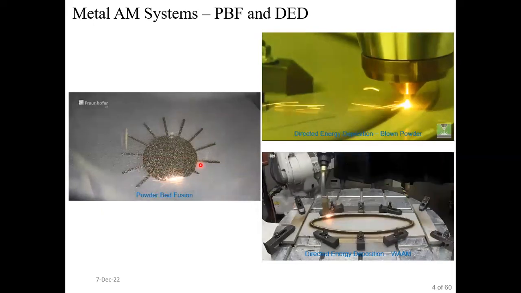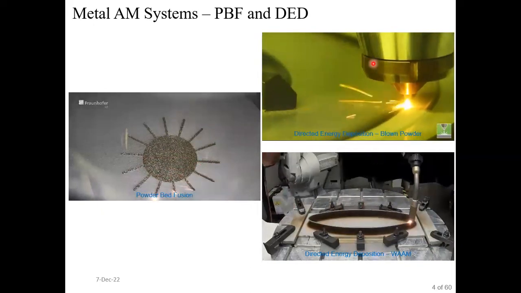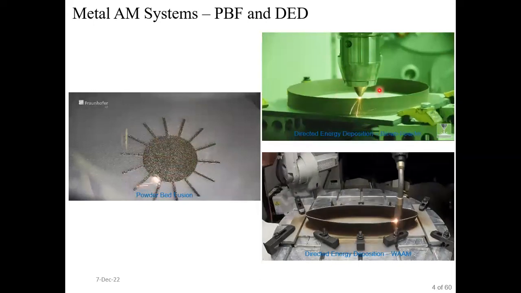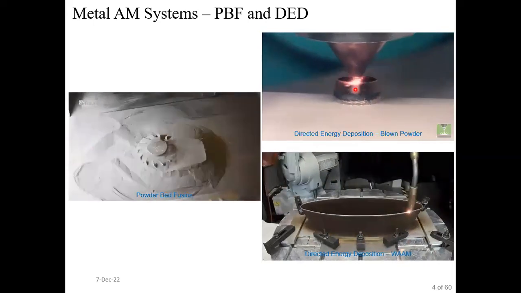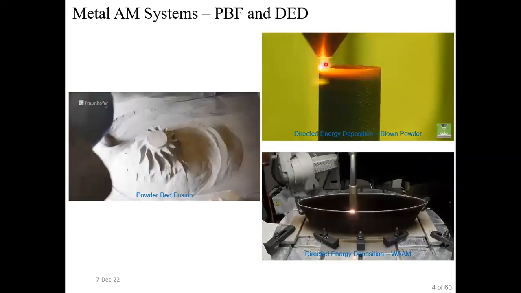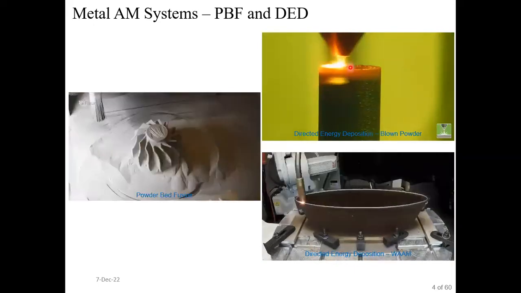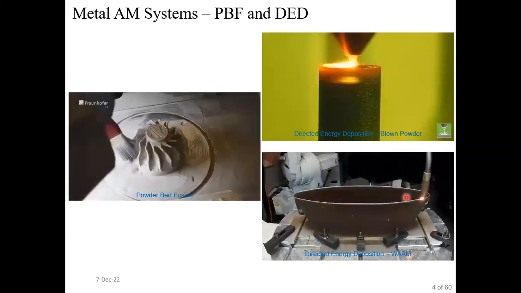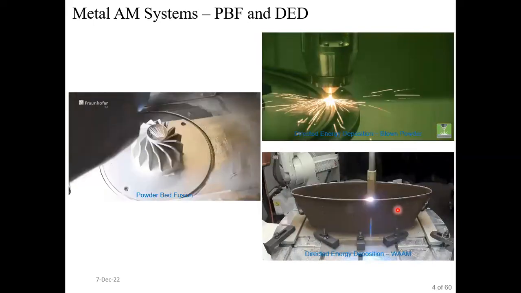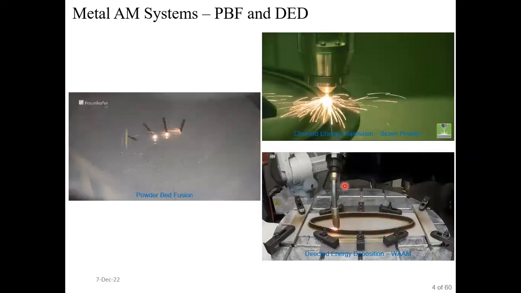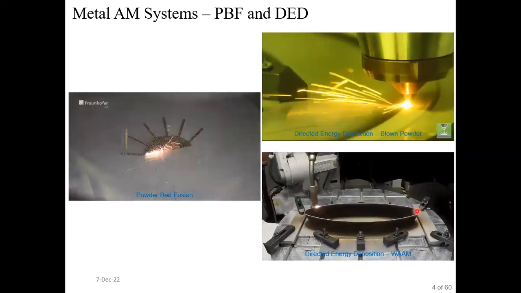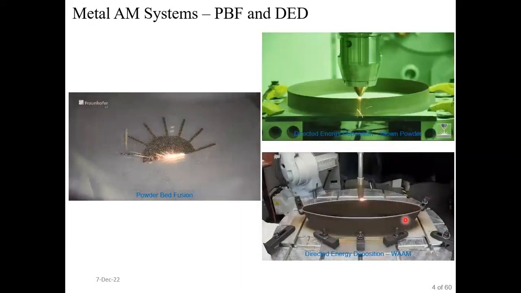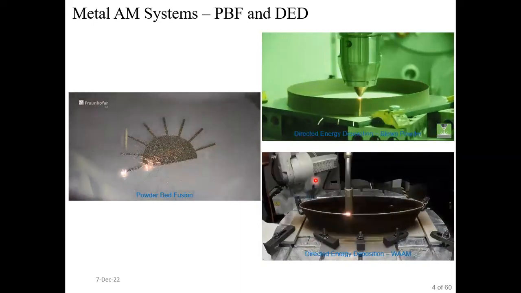However, on the right side, on the upper part, we have this blown powder technology, in which the powder is being blown concentrically to the laser power source, and this cylinder type structure is being formed. In the lower diagram, we are using a metal inert gas based welding machine for the fabrication of this component utilizing an industrial robot.